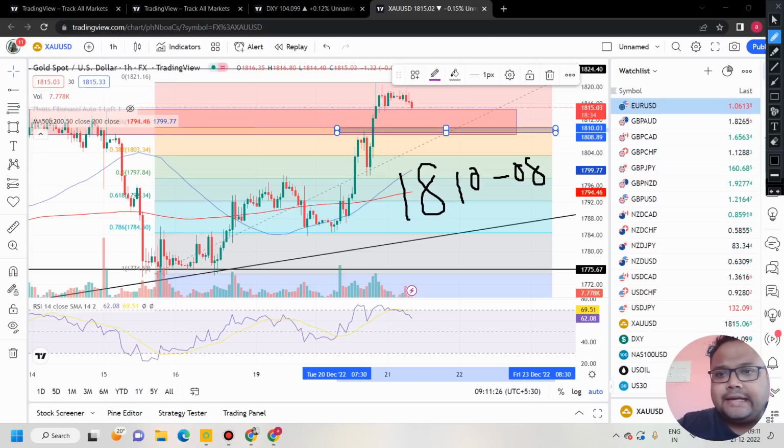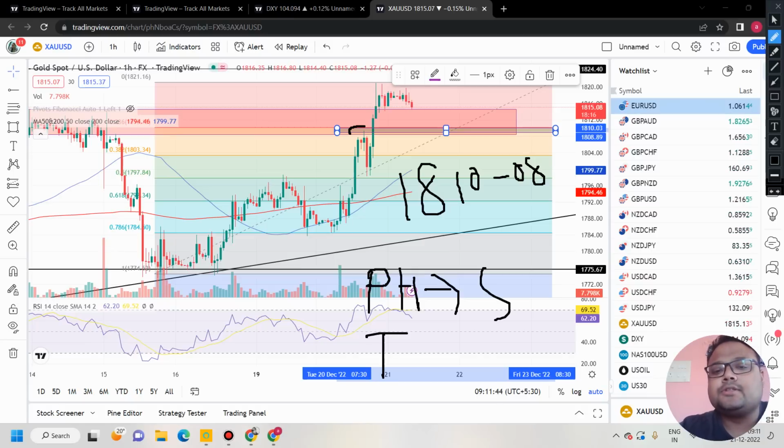So 1810 to 1808 is a Fibonacci 23.6% retracement level, as well as the previous swing high. The previous swing high will now act as the new support for the market, as well as being the Fibonacci 23.6% retracement level.